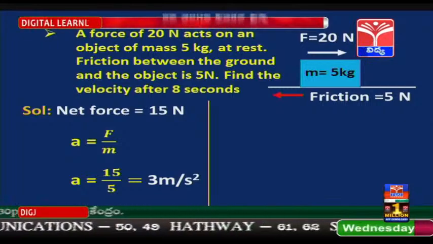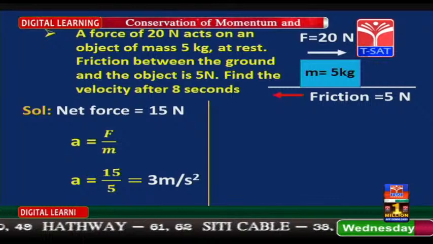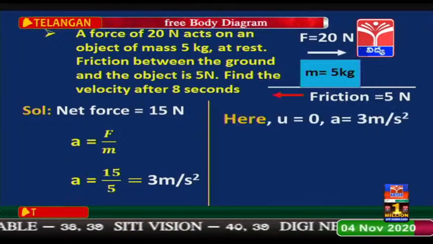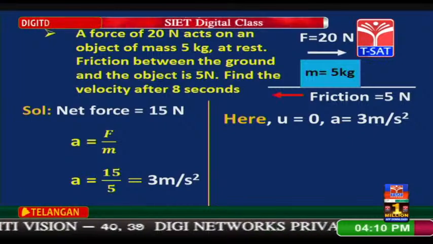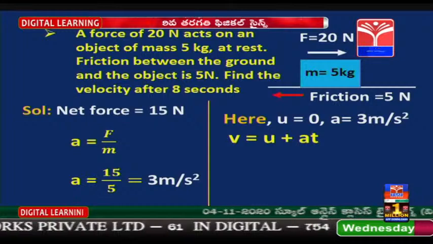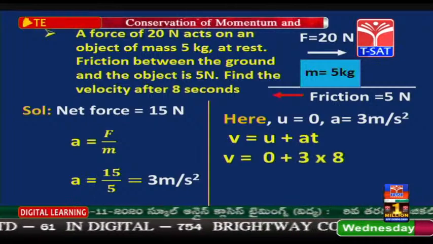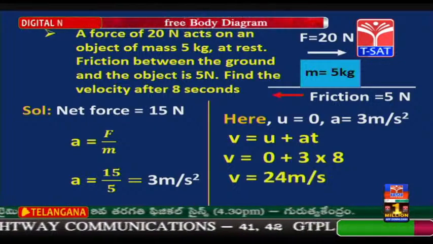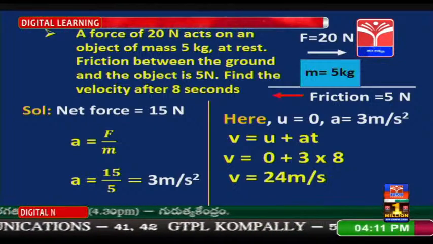The object was at rest in the beginning when the force was applied. So, initial velocity u equal to 0 and acceleration produced by the force is 3 meter per second square. Using the equation of motion v equal to u plus at, v is equal to 0 plus 3 times 8, so we get v equal to 24 meter per second.